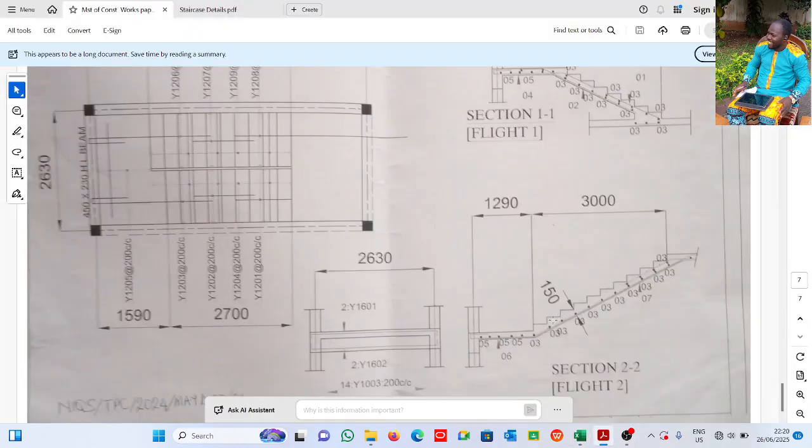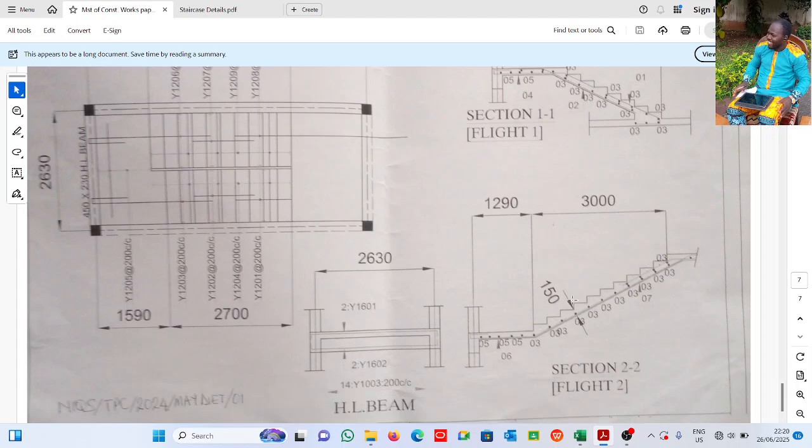Okay? Now this is how it went. Now, I have 10 treads. What I mean by tread is where you put your leg if you're climbing a staircase. The riser is the vertical one, then the tread, then the riser. I have 10 treads here: 1, 2, 3, 4, 5, 6, 7, 8, 9, 10. Right? Now for every 10 treads, you're going to have 11 risers.